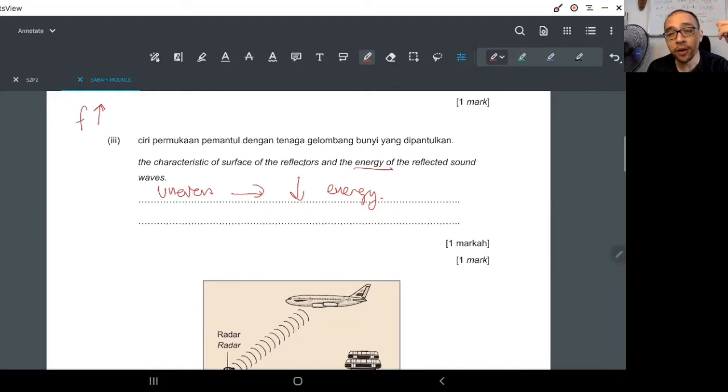But if you're high frequency and your amplitude is very low, it's very high but very soft, there's not much energy in there. But if you're high frequency and high amplitude, it is generally accepted that it is a high energy wave. So just be a little bit careful. Amplitude and frequency both affect the energy of the wave. But when we talk about wave, generally we refer to amplitude first before we talk about frequency.